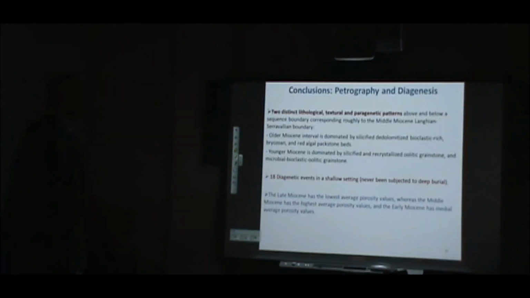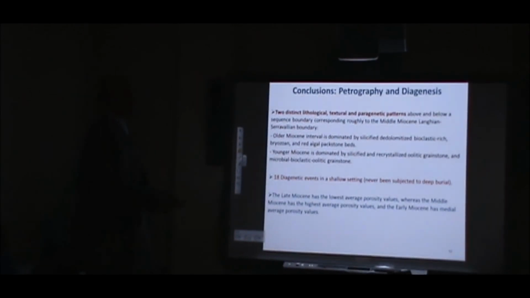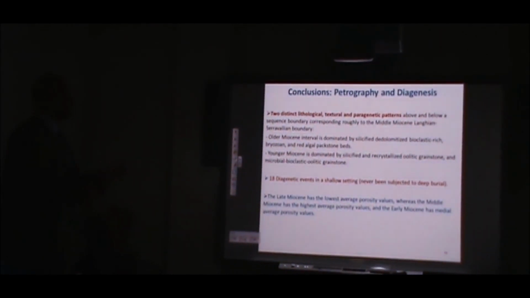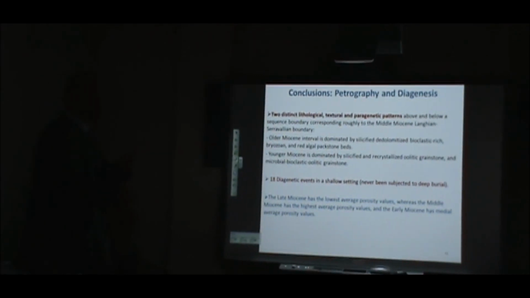So this is the recap, and here the conclusion for the diagenesis. We found there are 2 distinctive textures and lithologies around the boundary between the Langhian and the Serravallian, where we have the changes.